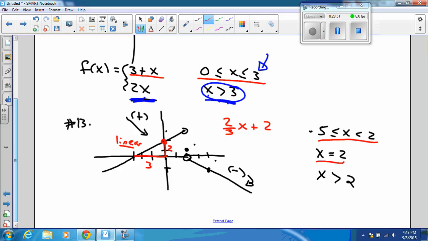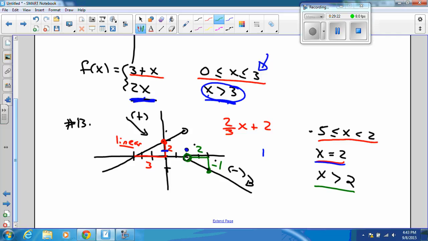For this part of the domain, we have a single point, and that single point is defined as y equals 1. And for this part of the domain, we again have a line. We need to find the slope, and it seems pretty clear that the slope is going to be -1/2. We also need a point. And we can read either this point, or we can even take the hole here as a point.